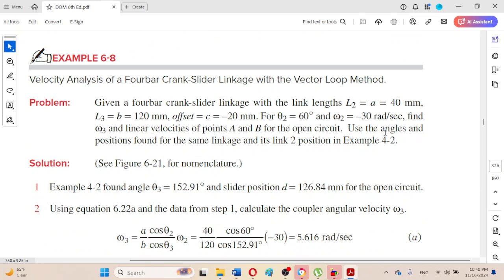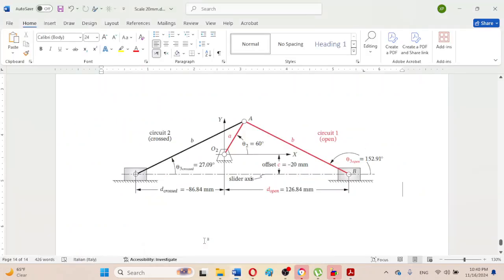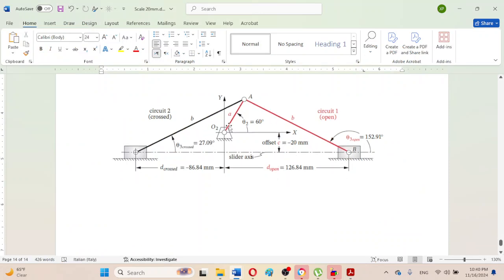So it says use the angles and positions found on the same linkage and its link positions in the example 4-2, which I have previously referenced. So according to the example 4-2, the angle theta 3 and the slider position D for the right circuit is shown, as we can observe, in red color on the right direction from this global y-axis.